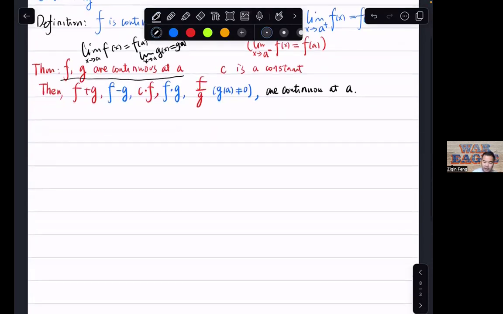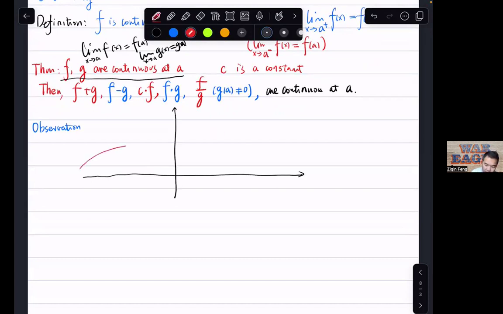Okay, now let's see a very natural observation. At what kind of point is the function not continuous? We have a graph in the previous video. This one is just a small change. Suppose your function is something like this.